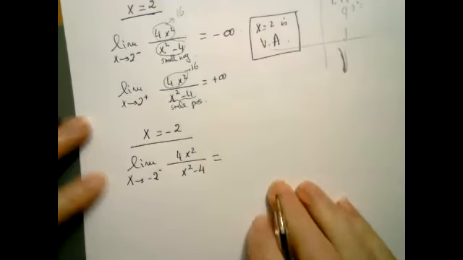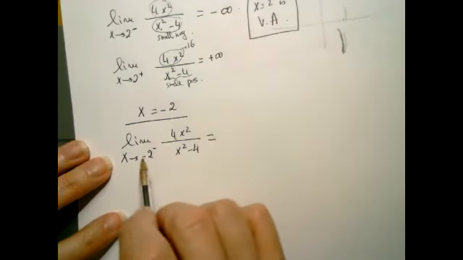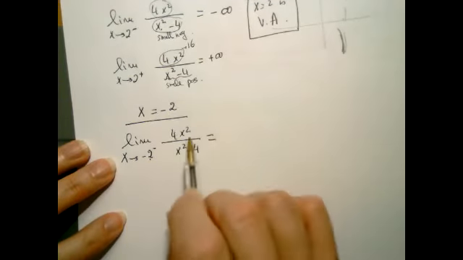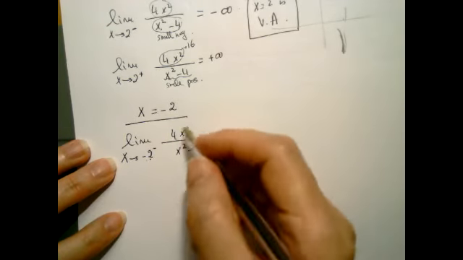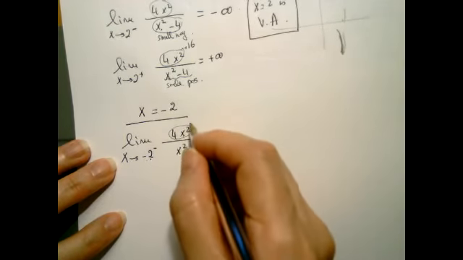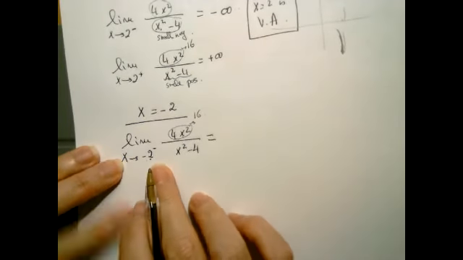Now I'll show you two ways of doing this. When x becomes close to minus 2 from the negative, the numerator, even if x is negative, when you're squaring it, that's going to be plus. So this is always going to become close to 16.